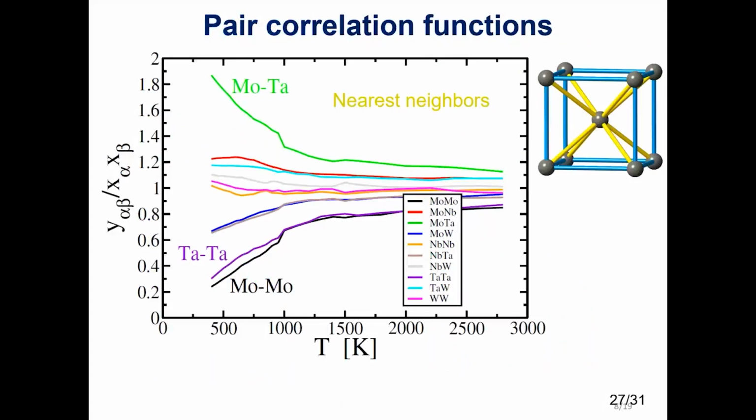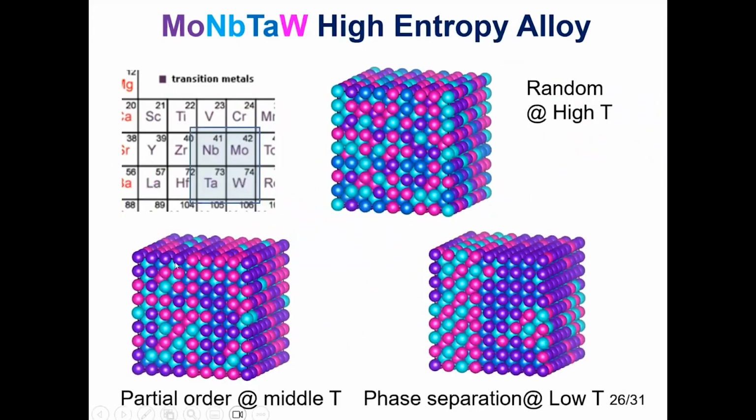And we can simulate this using Monte Carlo simulations. And then we can, maybe I was pointing to the wrong thing when I was showing the chemical order. I have two screens here that confuse me.